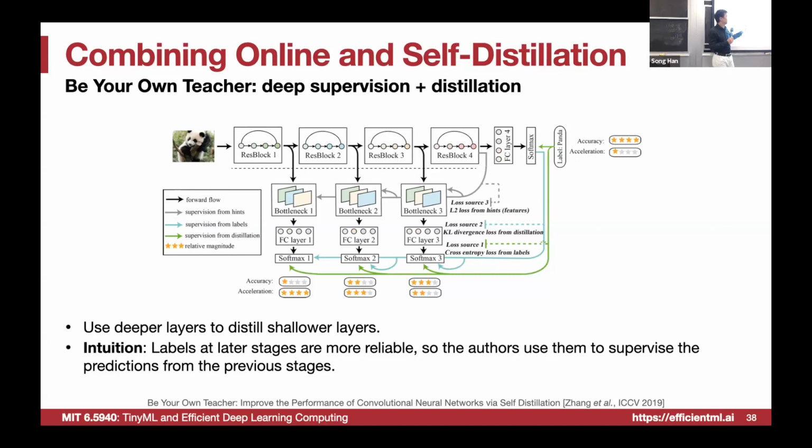We can imagine the accuracy is the lowest because you just pass through the first block, but acceleration is pretty good since you don't have to run the remaining modules. The computation workload is much smaller, so the acceleration is better. While if you go deeper, the accuracy gets better, while the acceleration gets less significant.